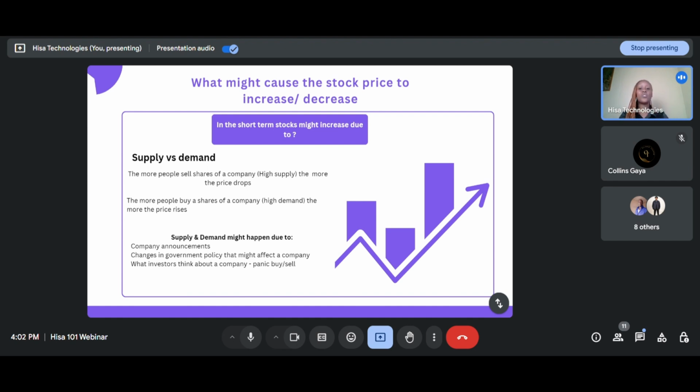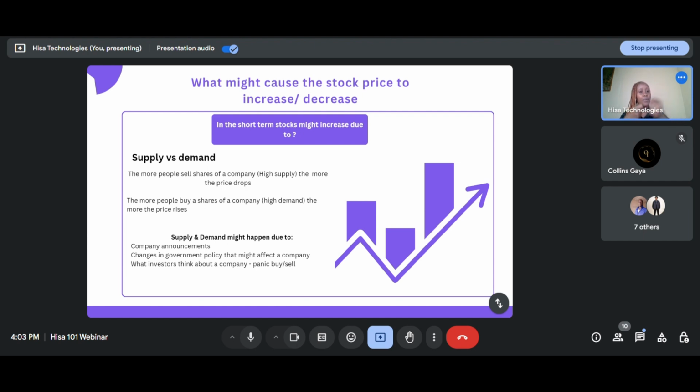Okay, so what might cause the stock price to increase or decrease? Well, in the short term, stocks might increase due to two laws, supply and demand. And I will not complicate things with huge economic terms. We'll just understand this. The more people sell shares of a company, the more the price drops.